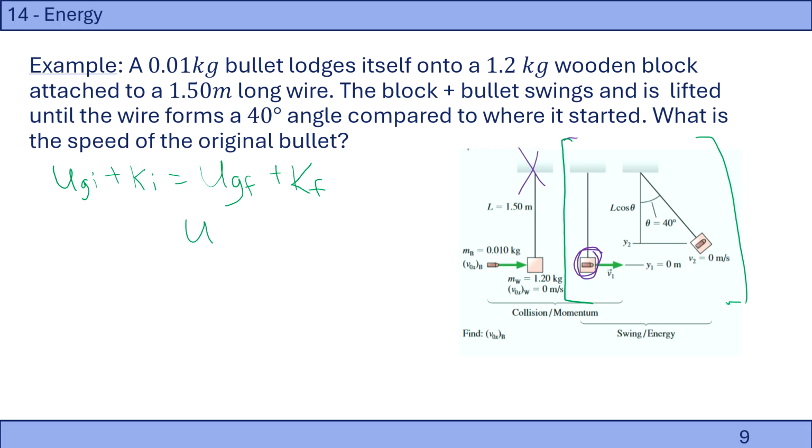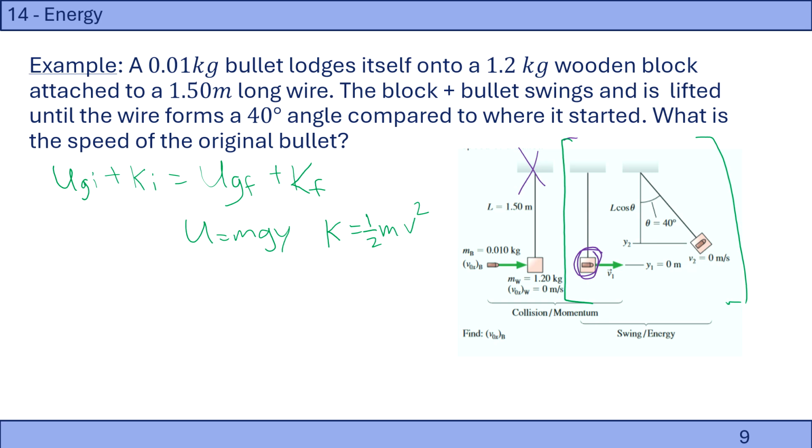U is mgy, and K is 1/2 mv squared. I don't require you to memorize anything, but I think you'll memorize that K is 1/2 mv squared, whether you like it or not. U equals mgy, but I think the kinetic energy more so.